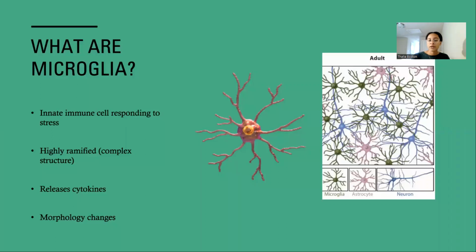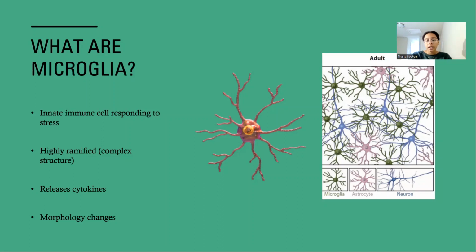So what are microglia? I included two different images to give you a visualization of what microglia look like. Basically, microglial cells are an abundance of cells distributed throughout our spinal cord and central nervous system. They are innate immune cells that are responsible for reacting to different external factors, more specifically stressful factors.